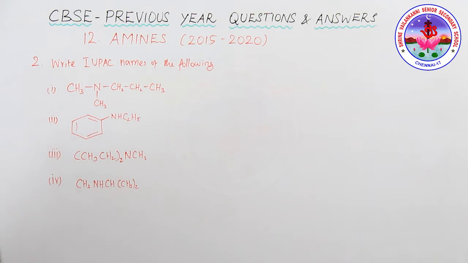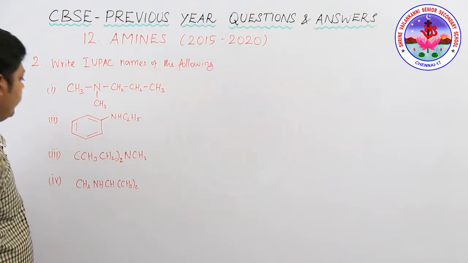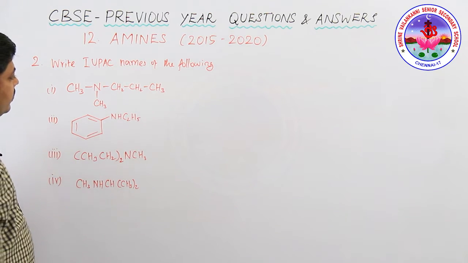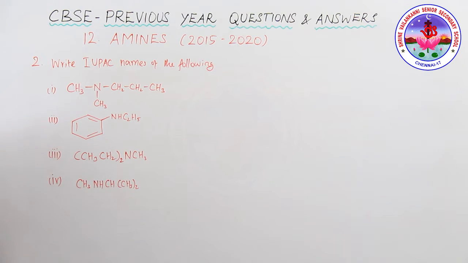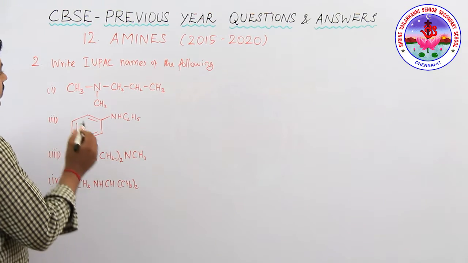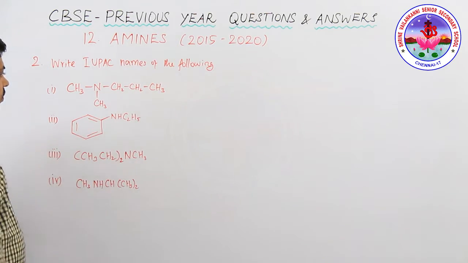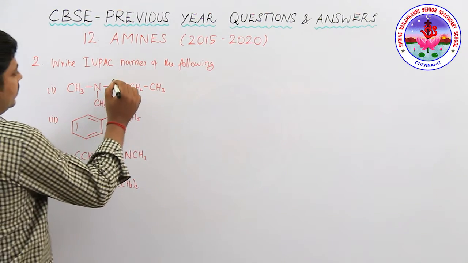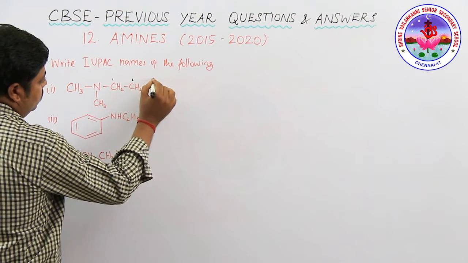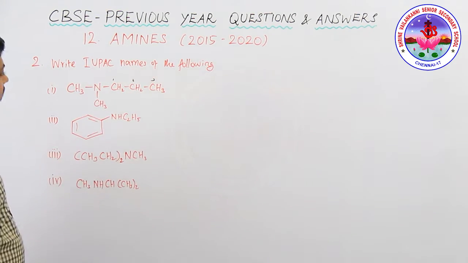The next is: write the IUPAC name of the following. Four structures are given and I have to write the names. The first one is CH3N(CH3)CH2CH2CH3. Here you give the numbering 1, 2, 3. The first position has the tertiary amine.